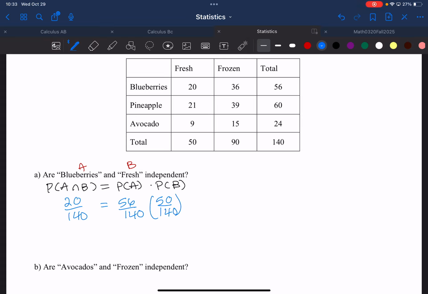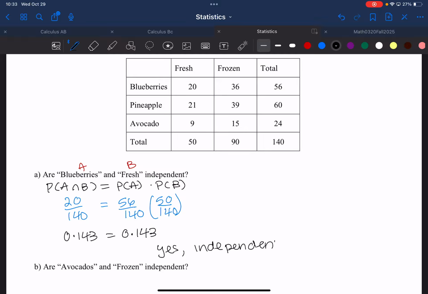And then we have to see if these statements are equal. Well, 20 over 140 is 0.143, and if I multiply these two proportions out, I get 0.143, which means they're, yes, independent. Okay.